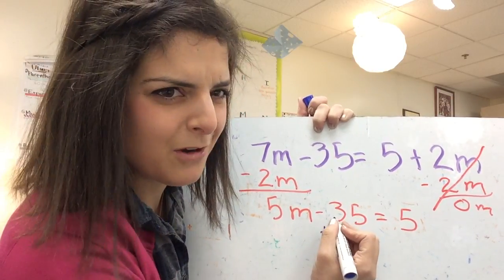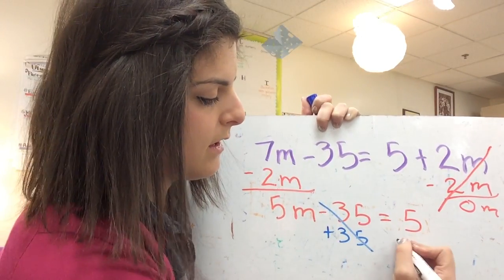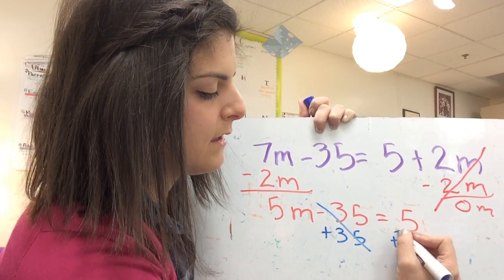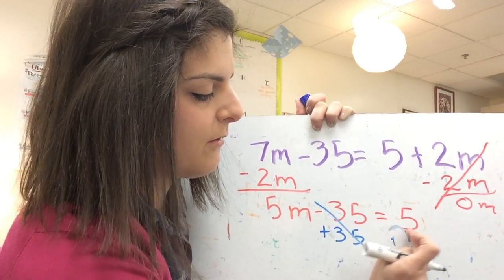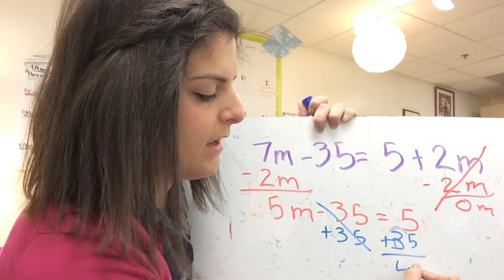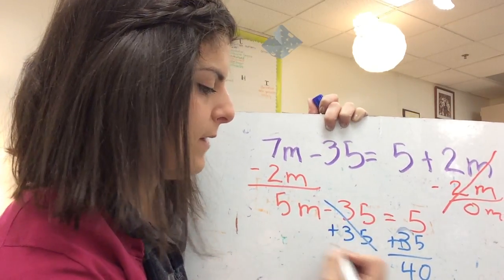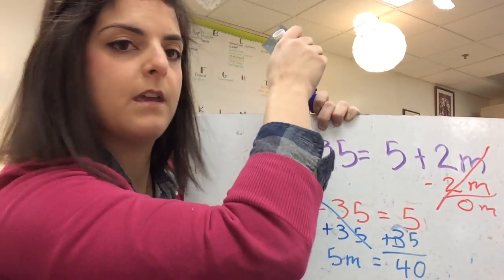So negative 35 plus 35, you're at 0 now, okay? What's 35 plus 5? Oh, that's 40. You know that. So right now, what we have left is 5m equals 40, right?